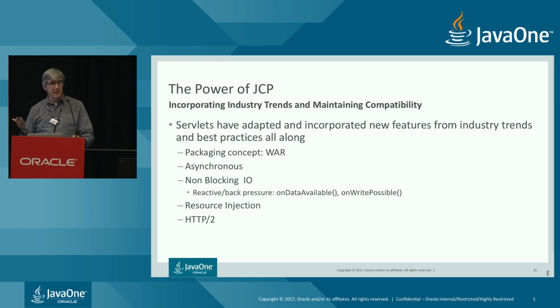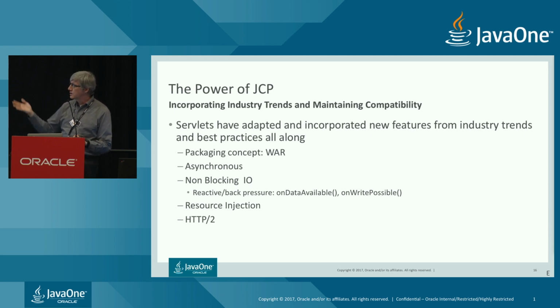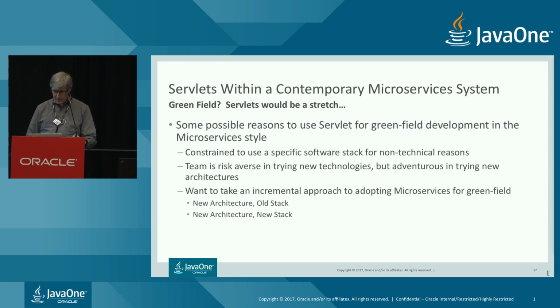When dependency injection and inversion of control became popular with the advent of Spring and then CDI shortly thereafter, we added resource injection to Servlet and Java EE in general. And the latest trend, of course, is incorporating HTTP2 into the spec.